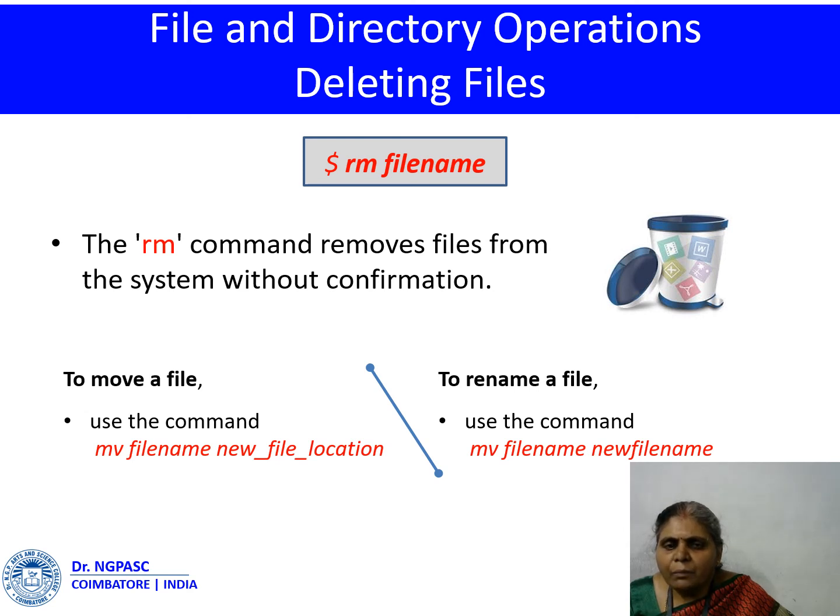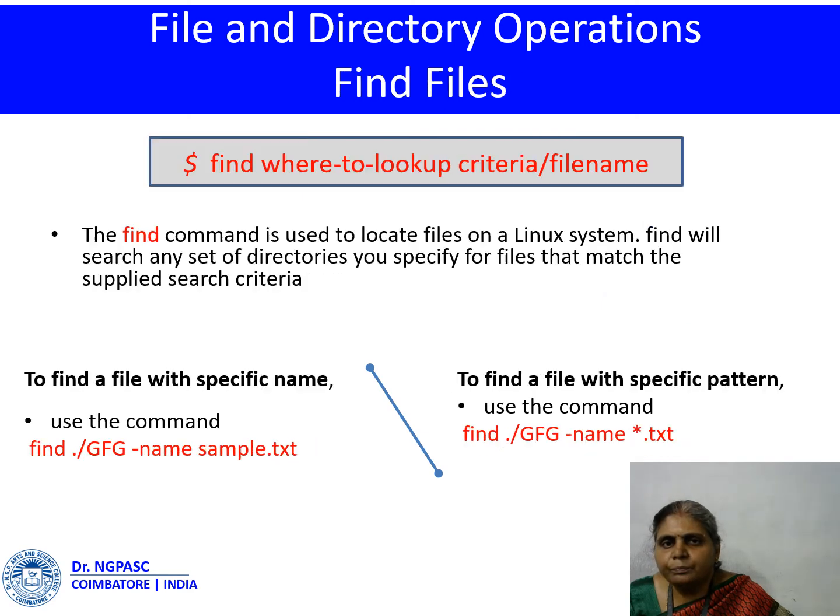When you have mv file name followed by the location where you want to move, then automatically this file will be moved to this new location. So based on the second parameter, which may be a location or a name of a file, the move command will act either to move a file or to rename a file.